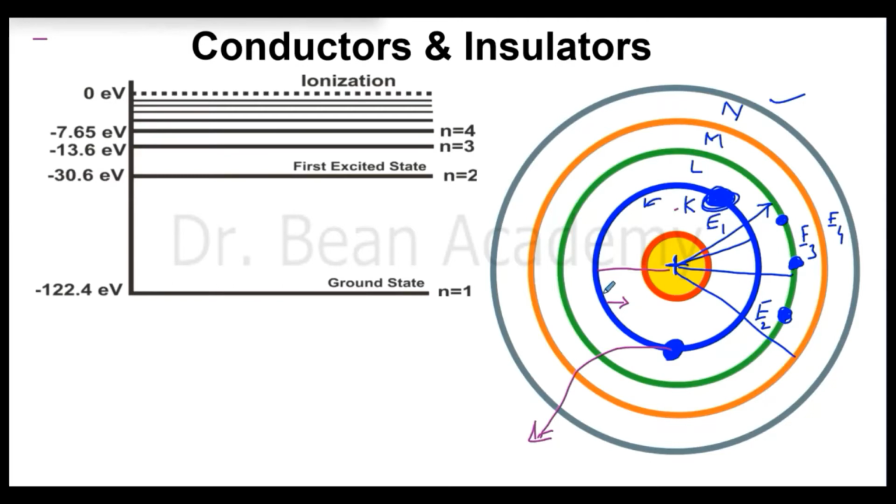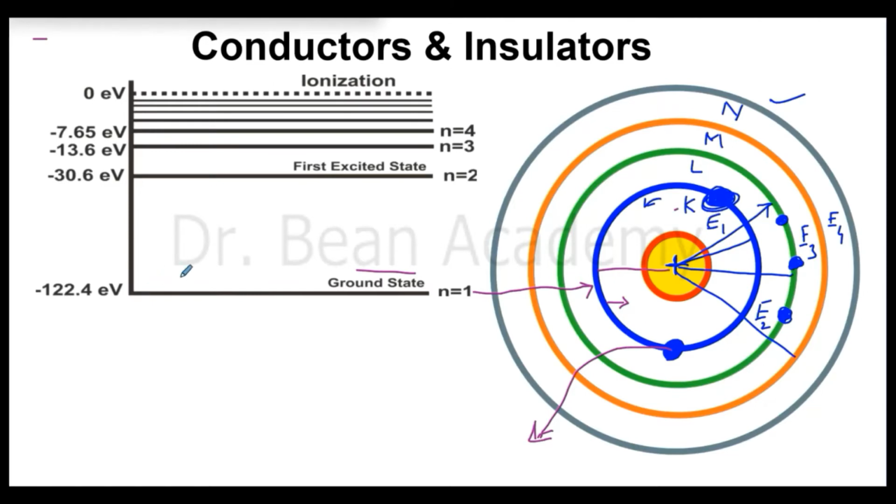So the first orbit, the K orbit, we call the ground state of the electron, and n equals 1 belongs to the K orbit. Labeled as a number, this is the first orbit, closest to the nucleus, and this is the ground state.